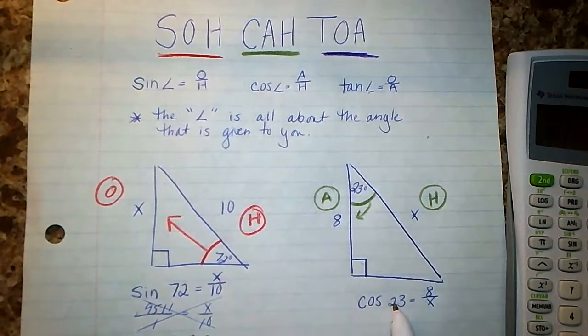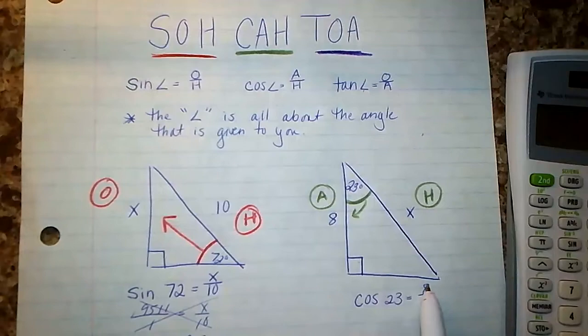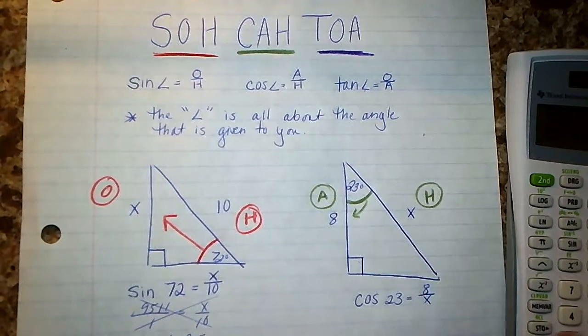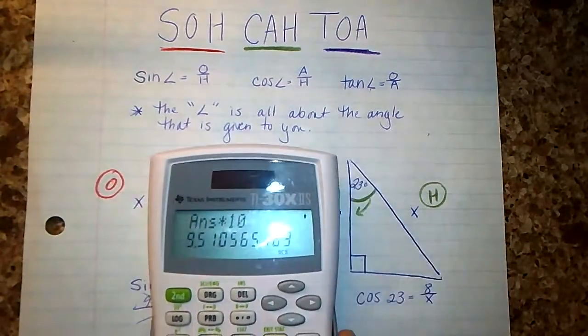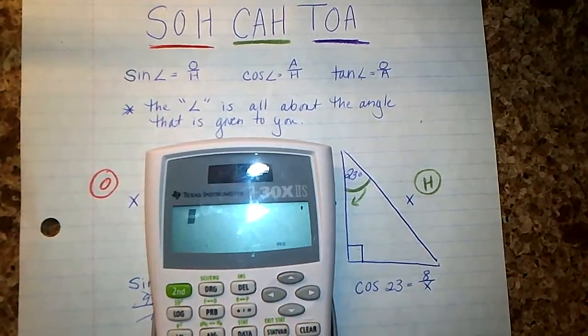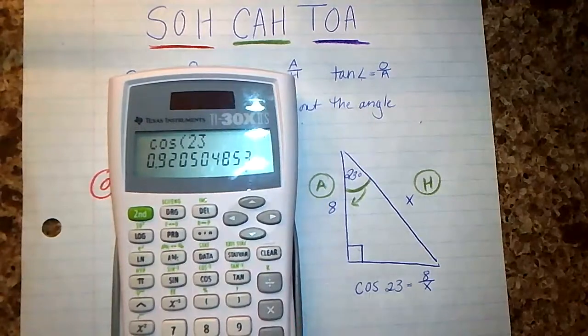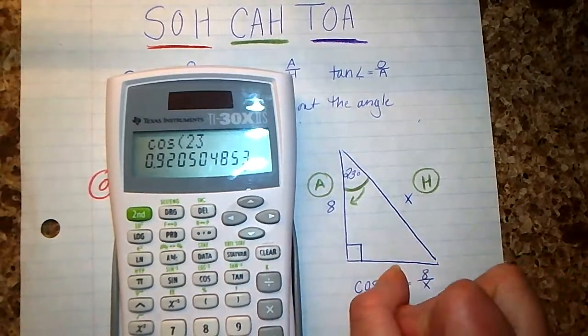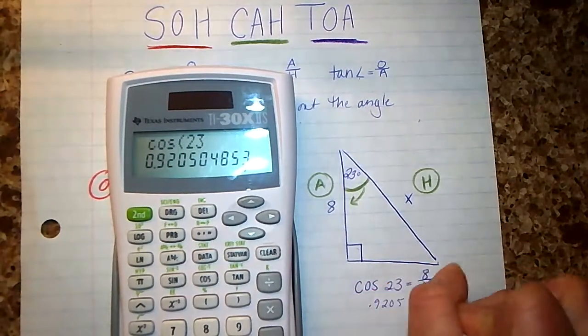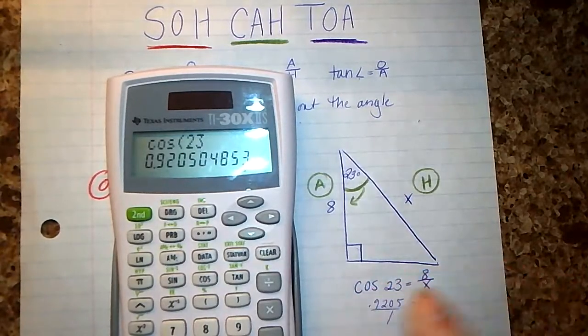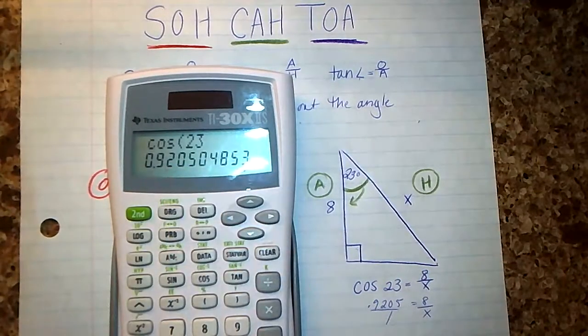So the cosine of the angle, 23, is equal to the adjacent over the hypotenuse. So now we're going to go to our calculator and we're going to set that up. Cosine 23 is 0.9205 equals 8 over x. And again, I always take that out to the 4th decimal place because the further you round out, the more accurate your answer will be.